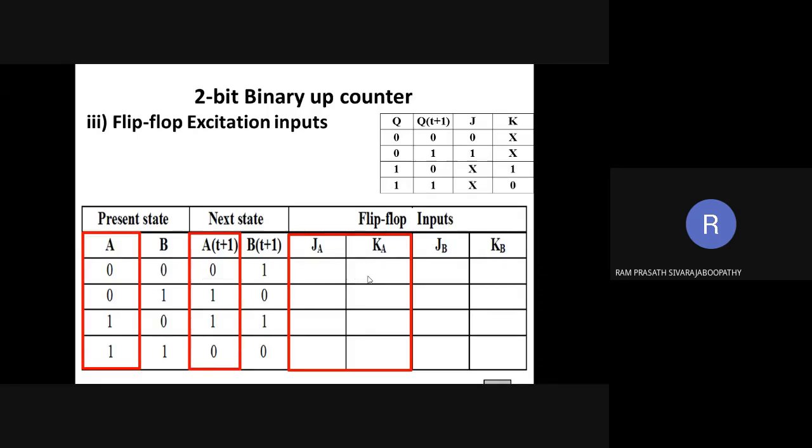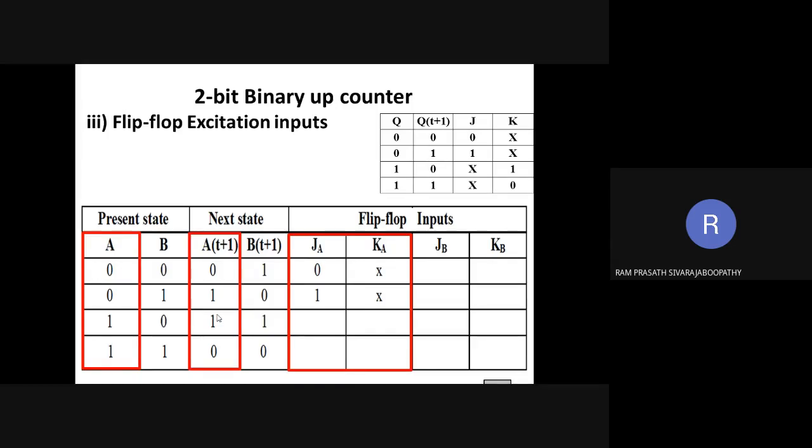What about the excitation input from the table? J and K. 0 0 means 0 don't care. Very good. What about 0 1? Present state 0, next state 1. Yes, 1 don't care.